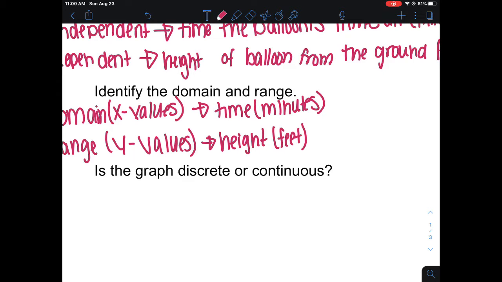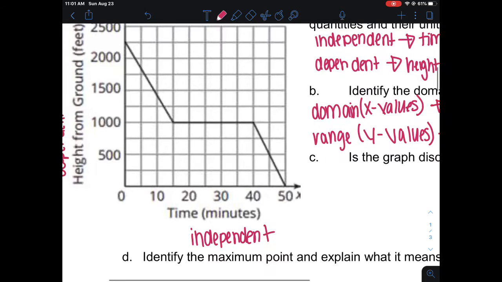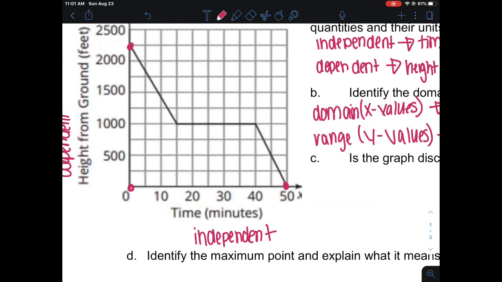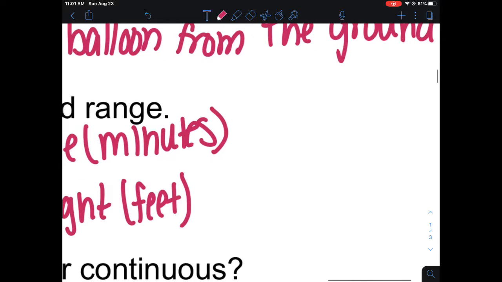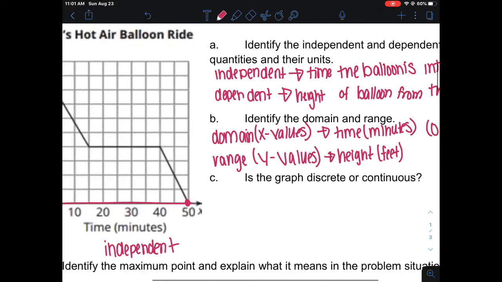So my domain was time in minutes. Well, what x values were covered? My graph started at 0, and I went all the way to 50. Okay, so my domain is from 0 to 50 minutes.